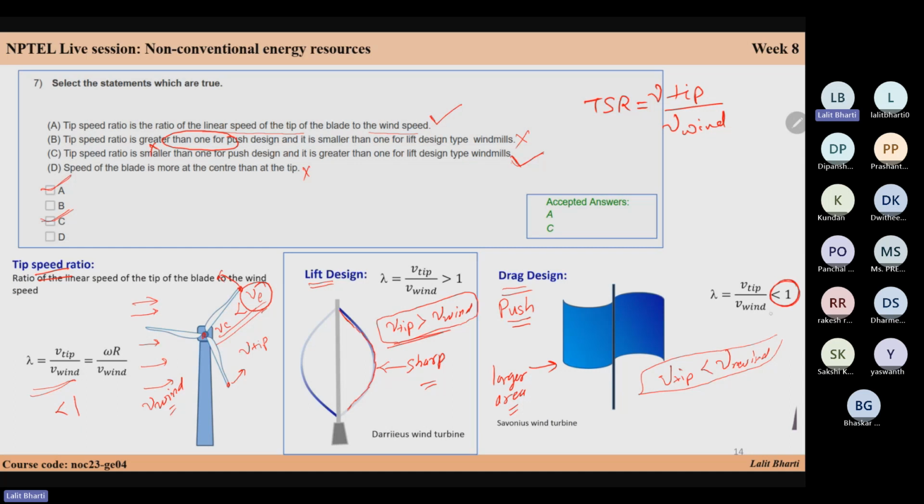So always keep in mind that for drag design it is always less than 1, and torque is higher here. For drag design you will get torque much higher than the lift design, and lift designs have higher speeds, so high speed, and this is high torque.